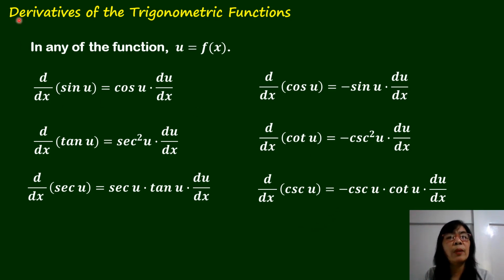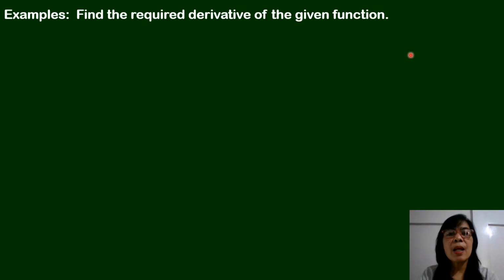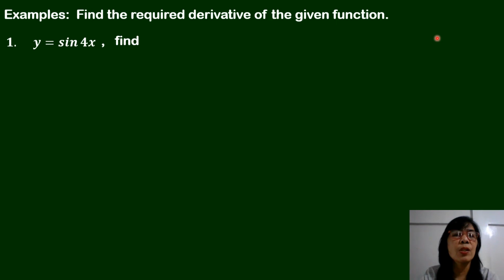Let us now apply the formulas for the derivatives of the trigonometric functions together with the basic differentiation formulas as we solve for the derivatives of the given functions. We have here y is equal to sine 4x, and we are required to find the derivative of y with respect to x. We start our solution by finding the derivative of the left member with respect to x.